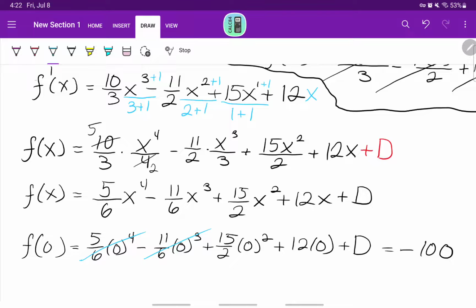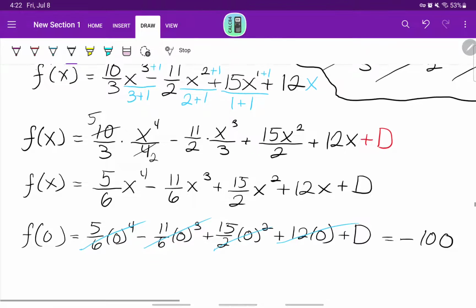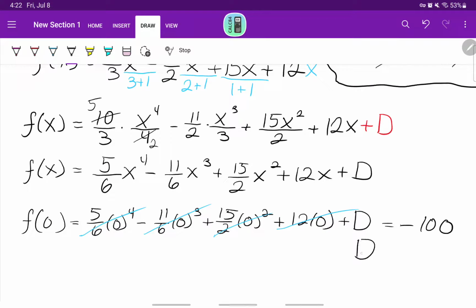Gone, gone, gone, and gone. d equals negative 100.